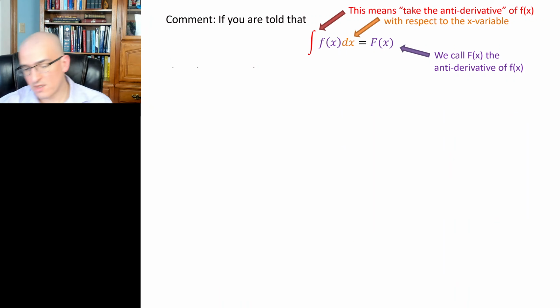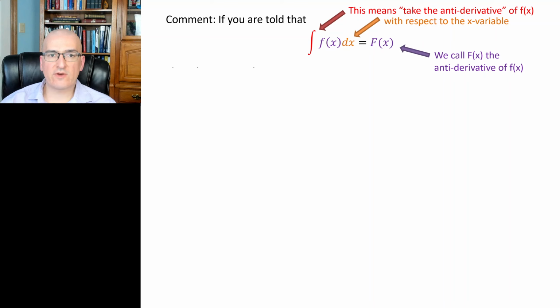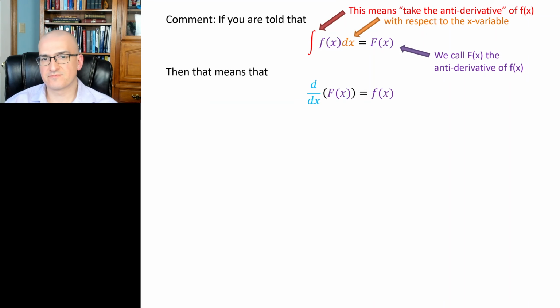Okay, so again, we have this weird way to say, let's take the antiderivative of the function little f of x, and we're going to call it capital F of x. Now what this means is whatever our answer is, so the definition of a solution is if we take the derivative of our capital F of x, we will get little f of x back.